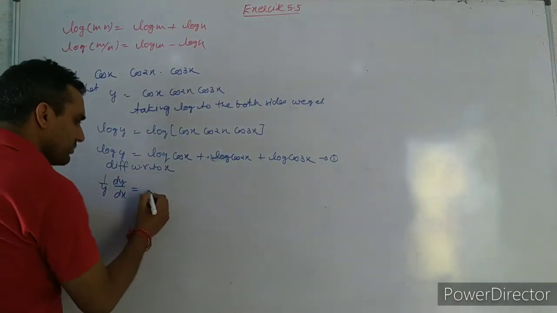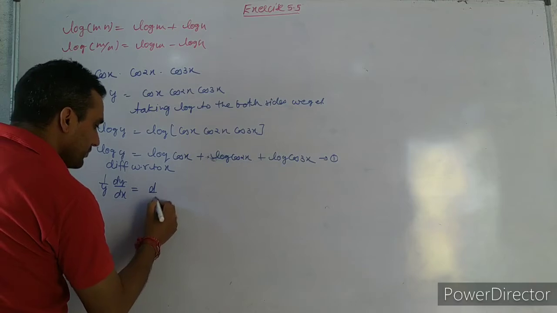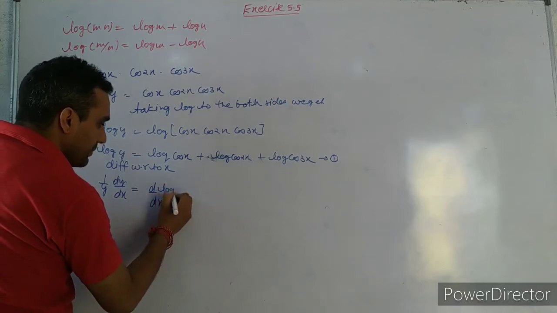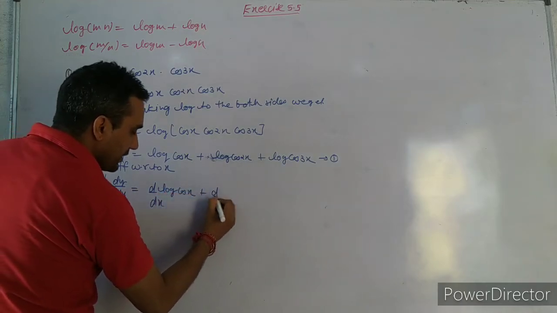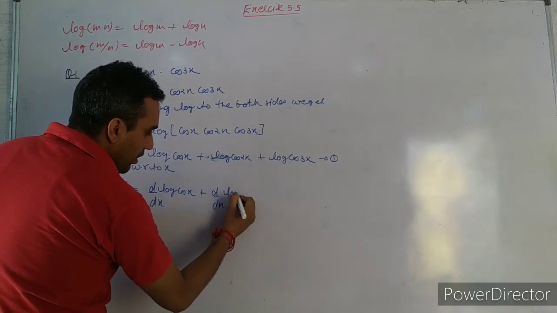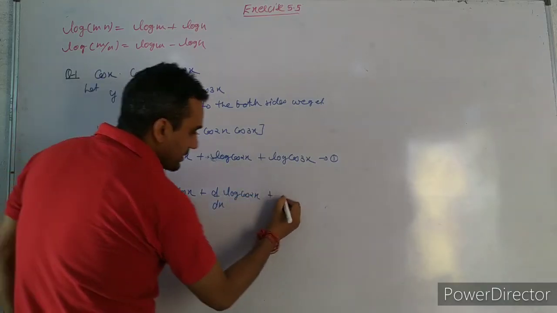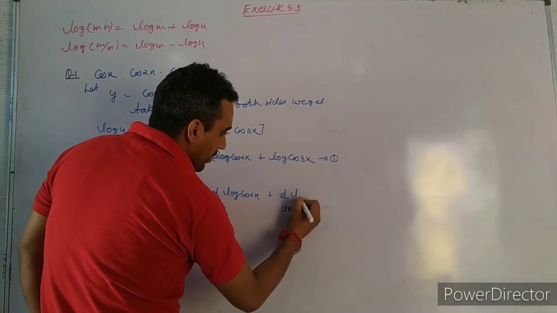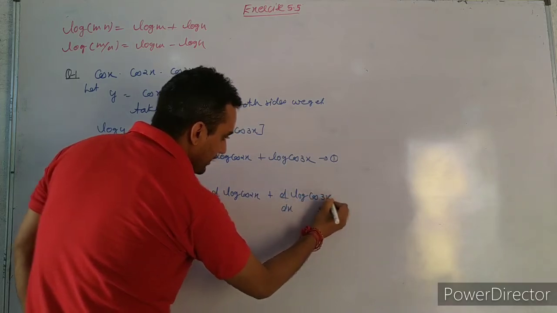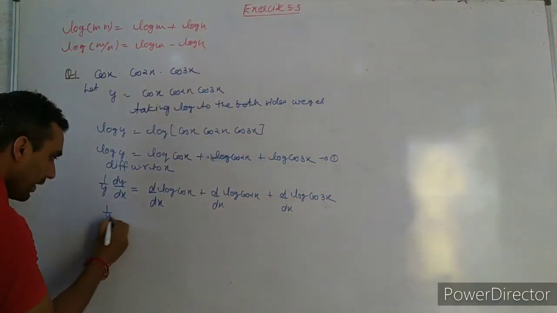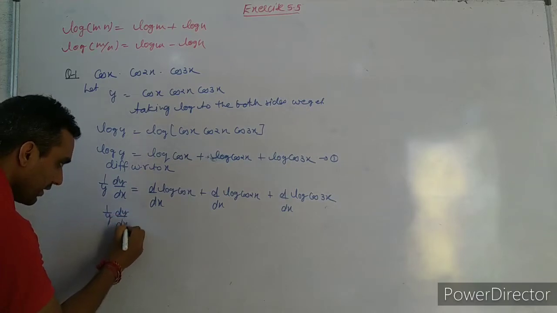So 1 by y dy upon dx equals d/dx of log cos x plus d/dx of log cos 2x plus d/dx of log cos 3x.